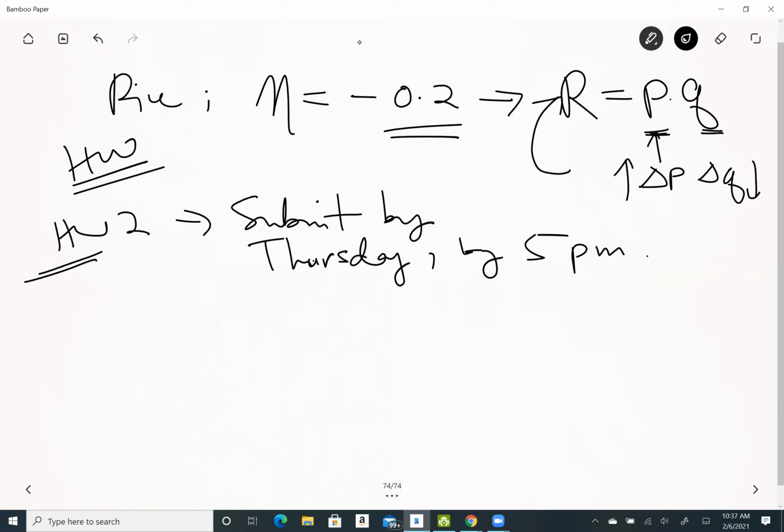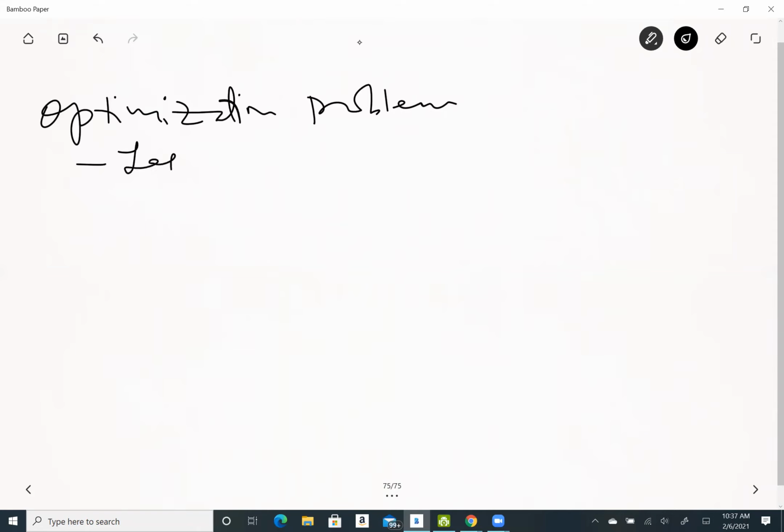Here you have the optimization problem, similar to linear programming. We are looking at a method called the Lagrangian multiplier method.